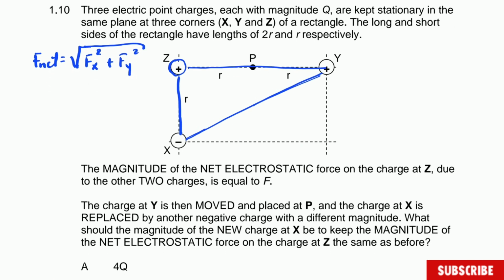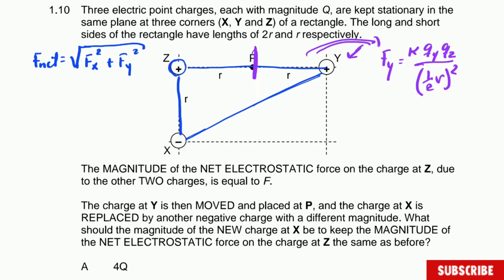The charge at Y, the charge at this point here, moves to a place P which is half the distance before, all right? So the new force due to Y on Z is equal to k qy qz divided by distance, but this distance now is going to be half the old distance, everything squared, because distance went half.